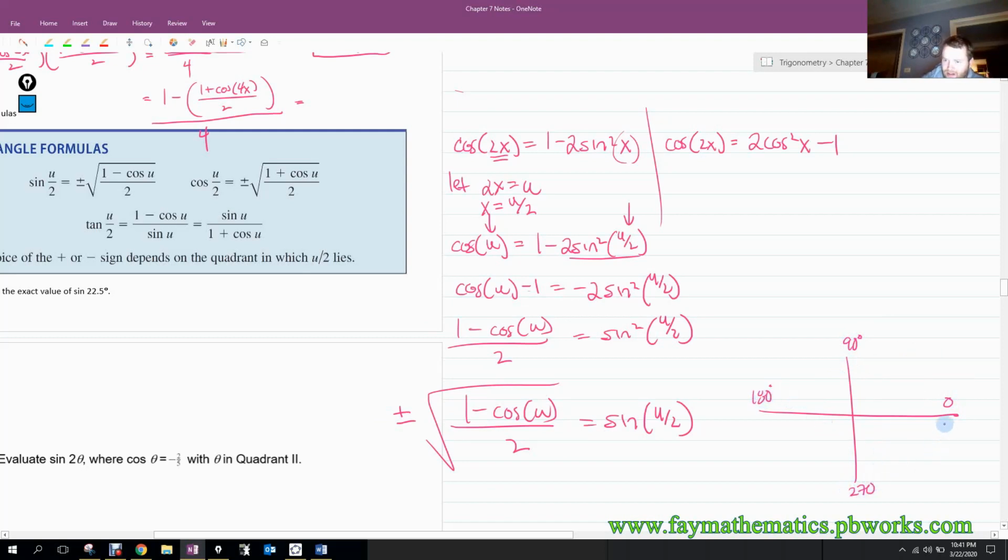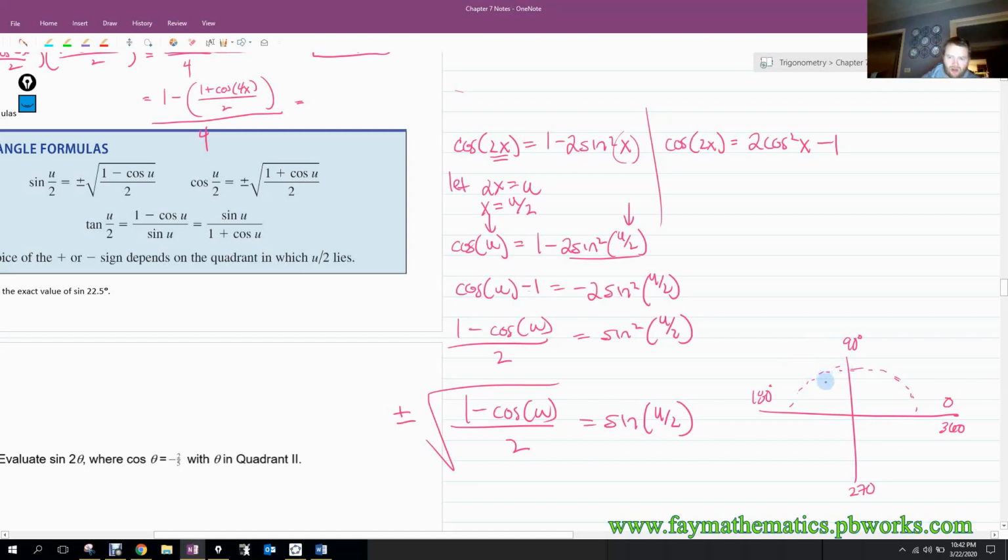and 270, and then 360. So if my original angle is somewhere between 0 and 90, then u over 2 is going to be in the first quadrant. If my angle is somewhere between 90 and 180, think about taking 160. 160 divided by 2 is 80.